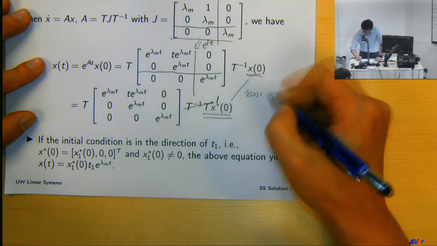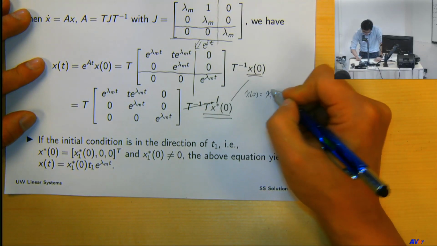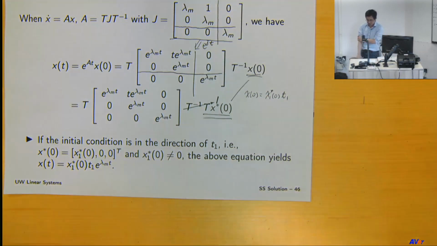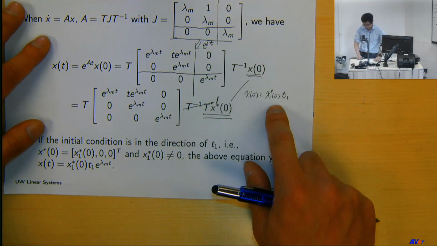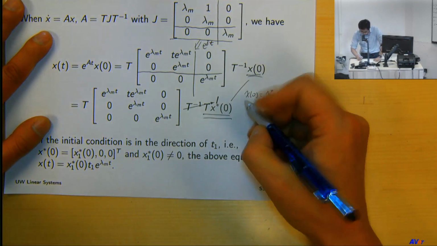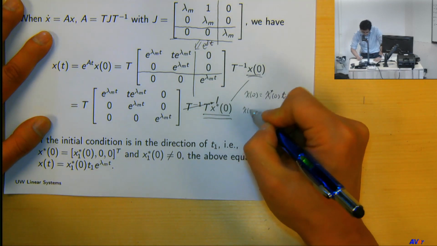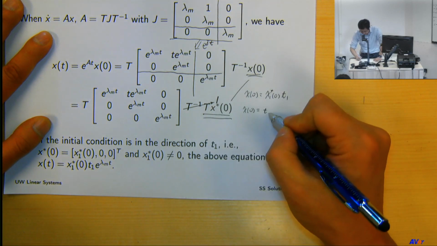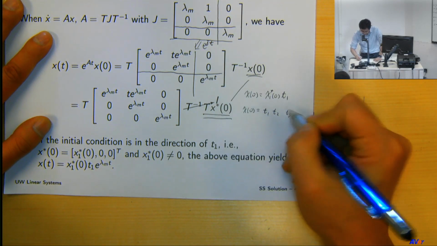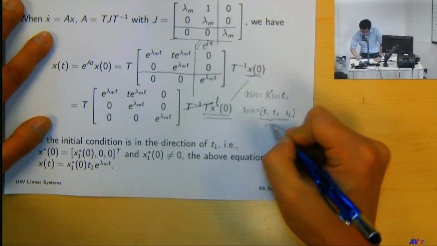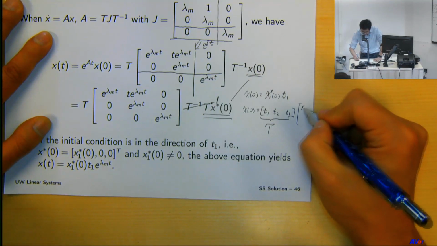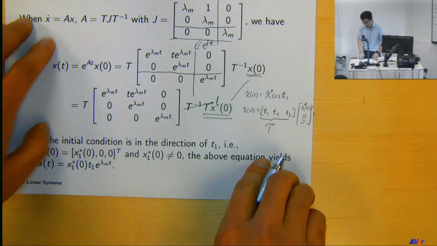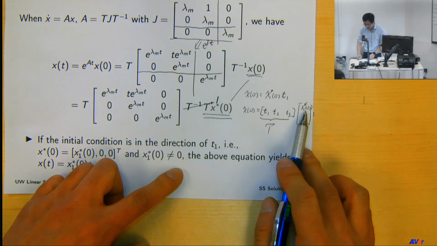So x0 is T1 scaled by some number, x1 star. This is nothing but saying, I'm just redoing this step one more time, x0 is the T matrix multiplying that, in the simplified state space.